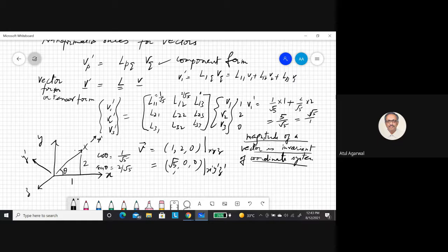So its magnitude will be the same as the component in x prime direction. So I could directly write root 5, 0, 0. So this information is important. You can escape doing all this hard work at certain times. Any problem? No, sir.